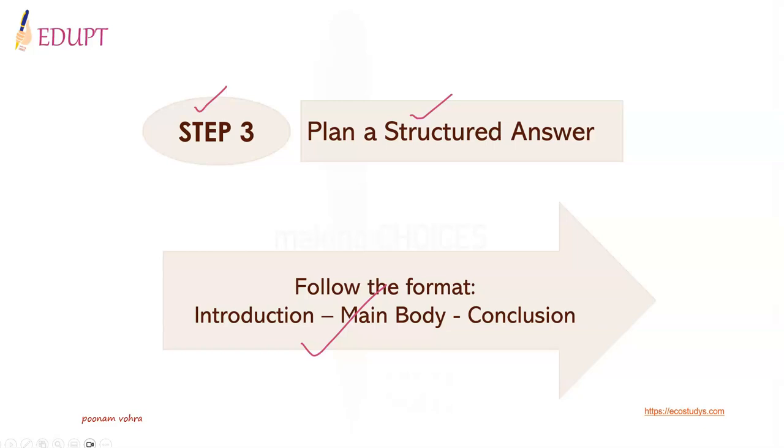And finally, you need to provide a conclusion by summarizing your answer or highlighting its overall significance. For example, conclude by mentioning the importance of aggregate demand in determining a country's economic growth if the question is relating to aggregate demand and economic growth.